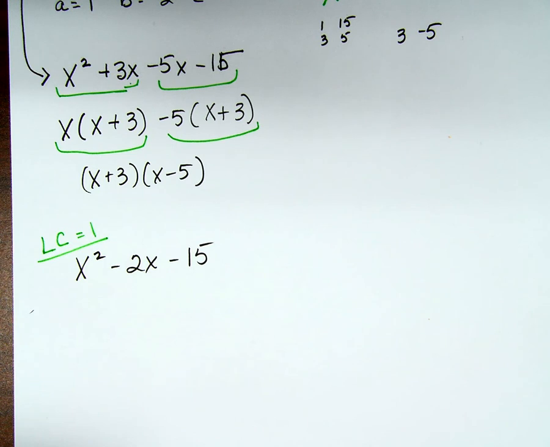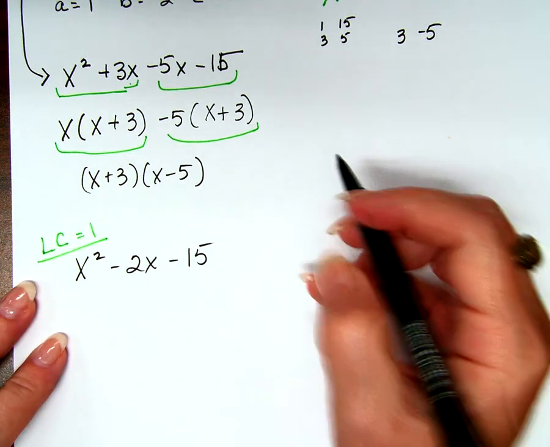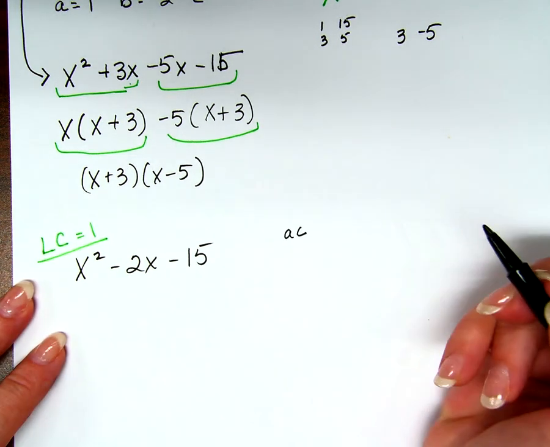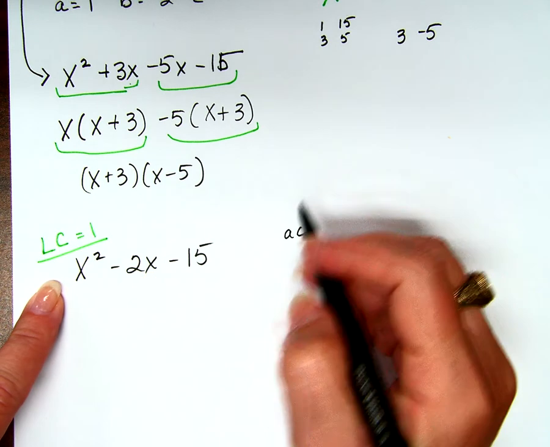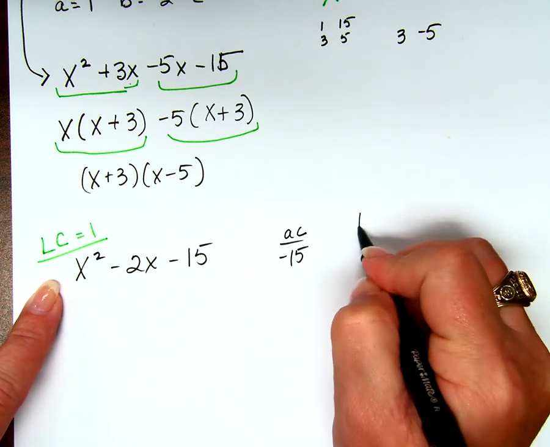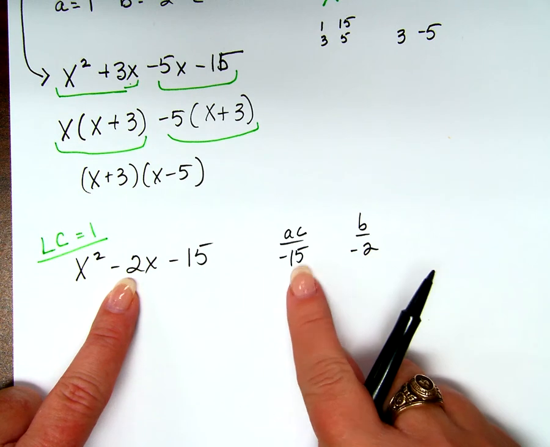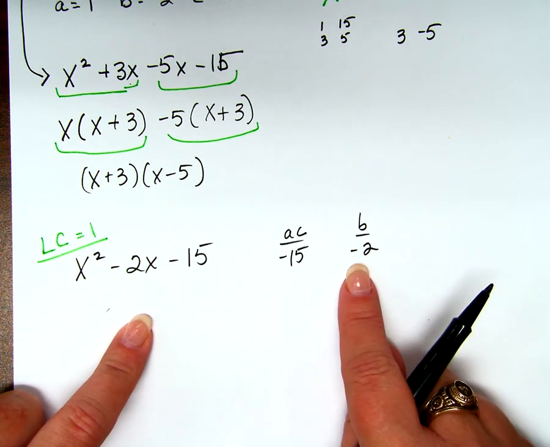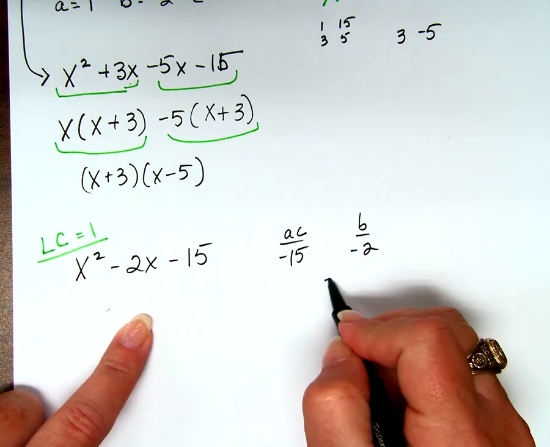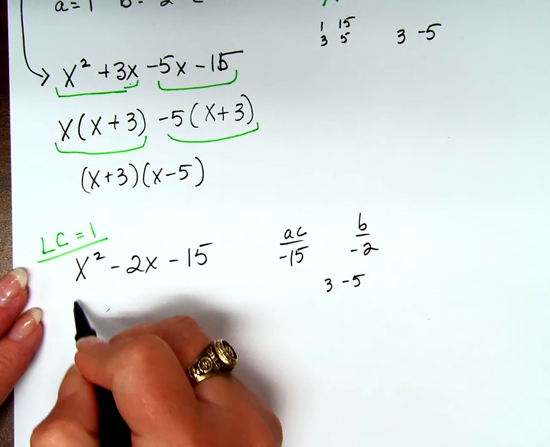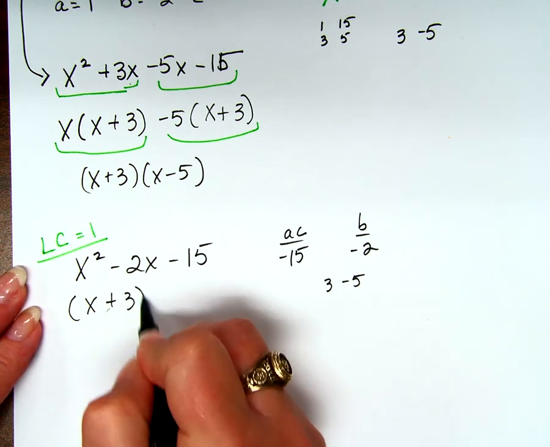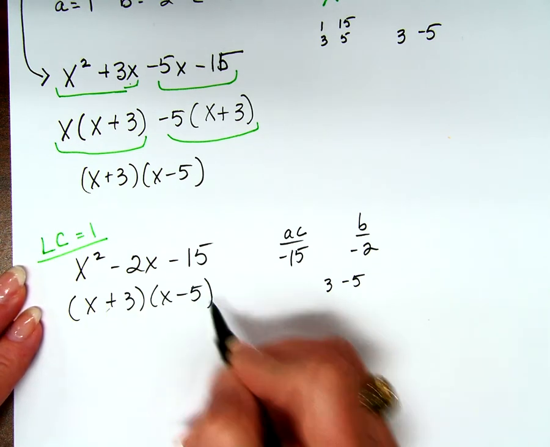Now you start the same way. What's AC? And what's B? -2. What two numbers multiply to be negative 15 and add to be negative 2? X plus 3, x minus 5.